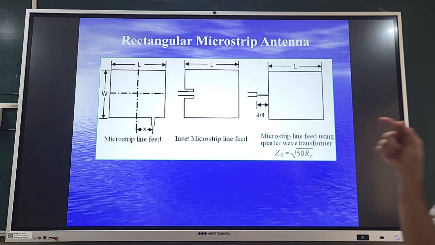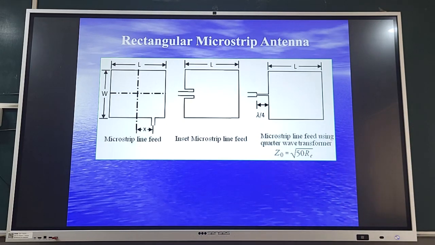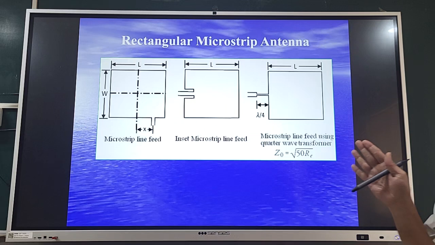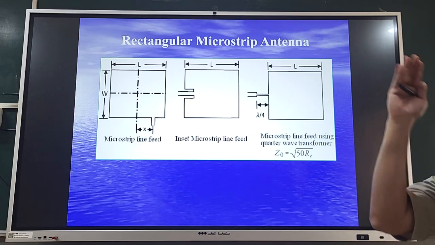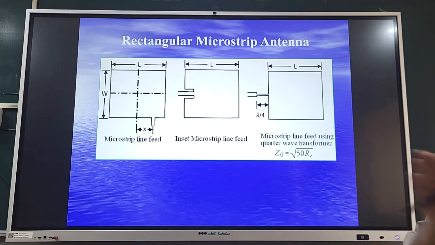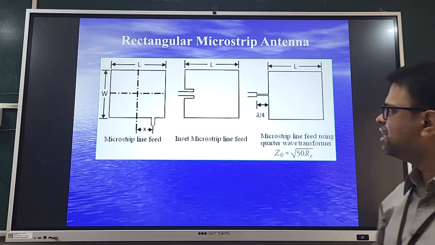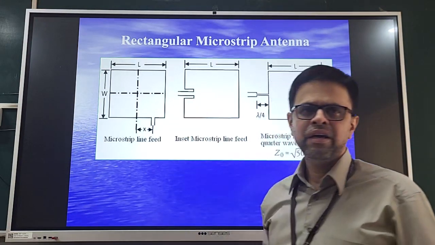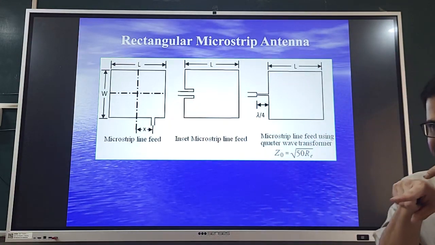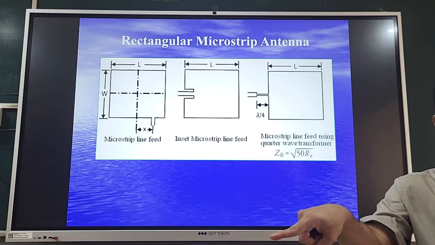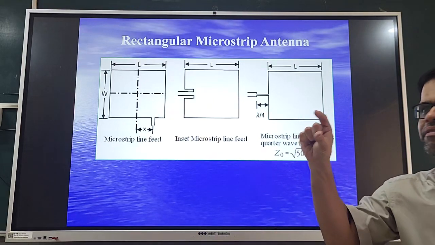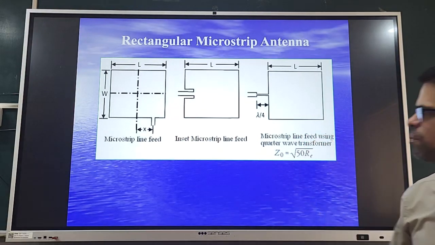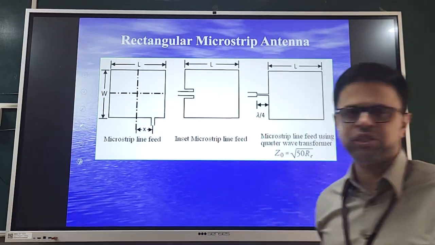When you cut the slot along the length of the patch, it does not affect the 1-0 mode frequency. It may have its effect on the 0-1 mode frequency, but we are not bothered about that at this moment, because we are working on the 1-0 mode. So we cut a narrow slit along the length of the patch, and we take our microstrip line feed of Zin impedance to the point where Zin exists in the patch.